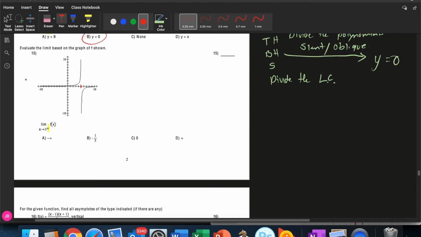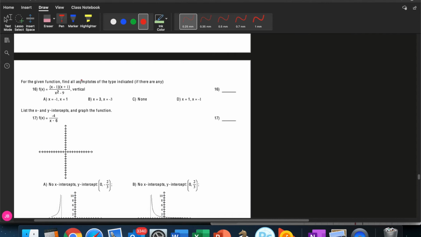The positive side, well, if that's negative infinity over here, positive infinity has to be over here. So in other words, if I start over here and I go towards what? Towards 5, what is happening to my function? Well, the closer I get to 5, if I follow the curve, I'm going down towards negative infinity. A would be my answer.